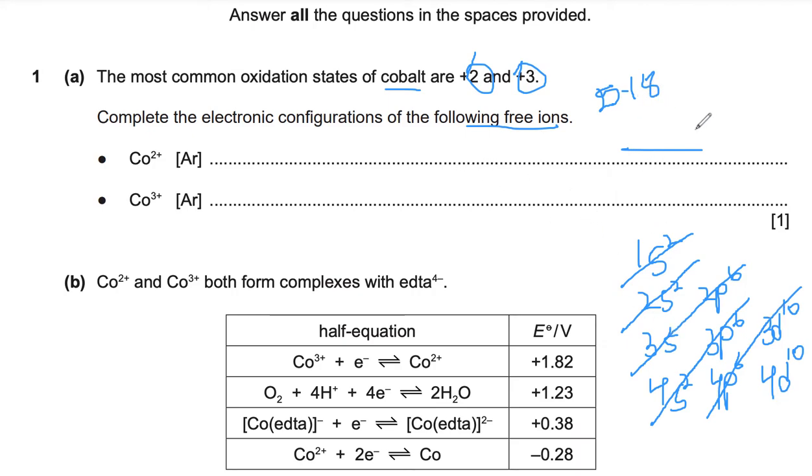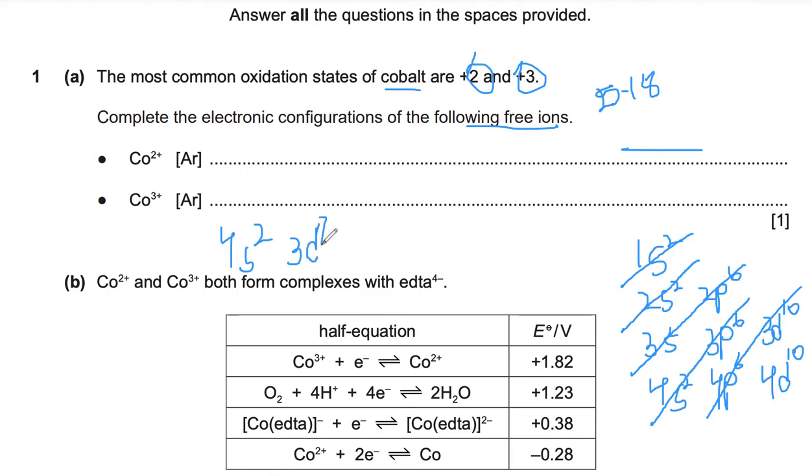So let's write the configuration for cobalt first and not the ions. So it would be Ar, which is 18 electrons, then 4s2 would be 20, and 3d7, right? Because this would make up 27 electrons.